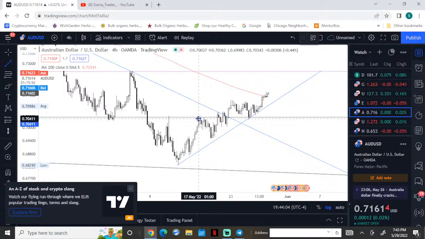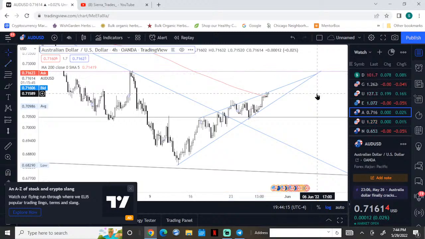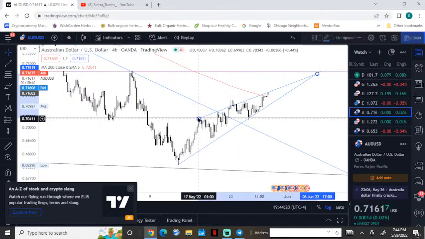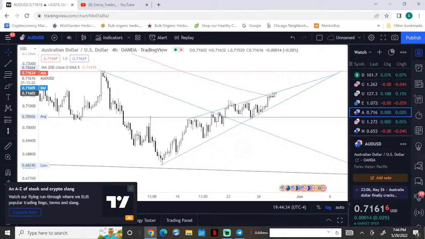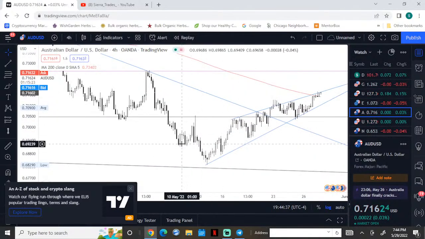And it looks like an ascending triangle. And price gave us a break of structure right here.